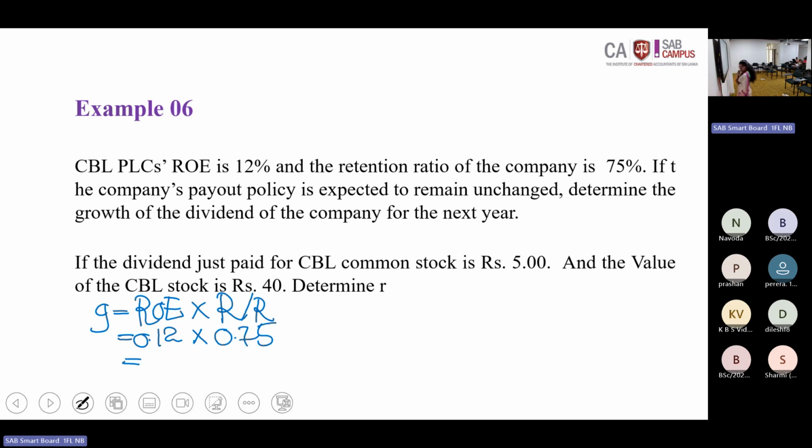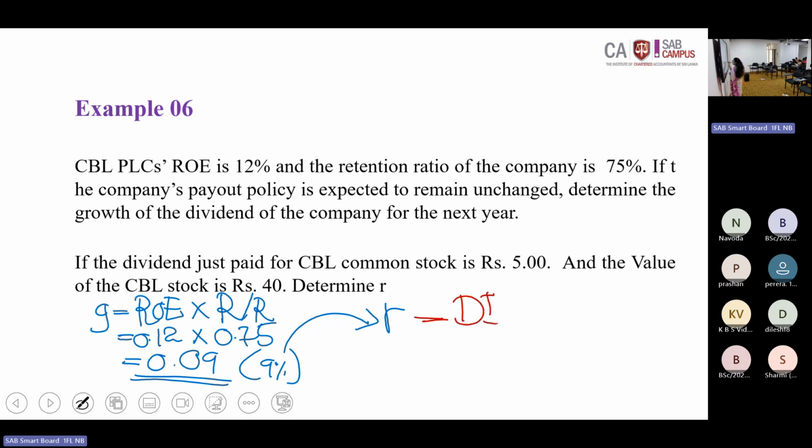So the growth rate is 0.09, or 9%. With that information, you can calculate R, the required rate of return. As per the constant model, R equals dividend divided by value plus growth rate. Tell me what's the dividend one?